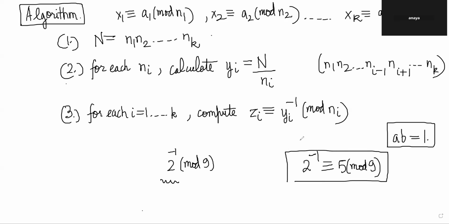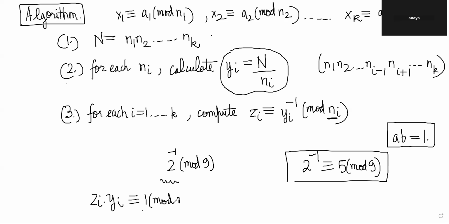So for each of these i's, you have already found Yi. You have to find the inverse of Yi mod Ni. Do you understand? So basically find some Zi such that Zi times Yi should be 1 mod Ni.